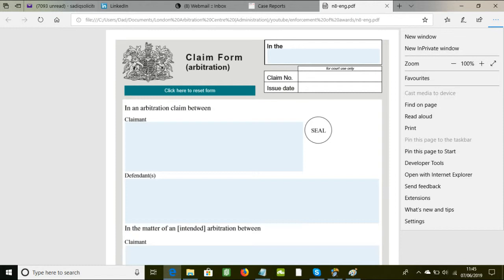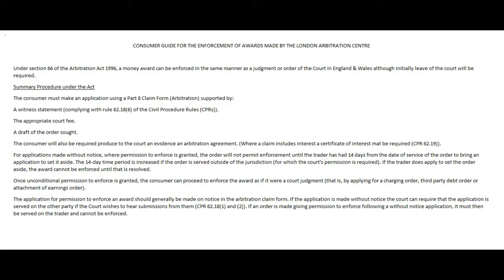The claim form must be supported, which means accompanied by a witness statement, a draft of the order sought, which is usually straightforward: Trader pay the consumer X amount, and the court fee. The consumer will also be required to produce to the court evidence of the arbitration agreement.